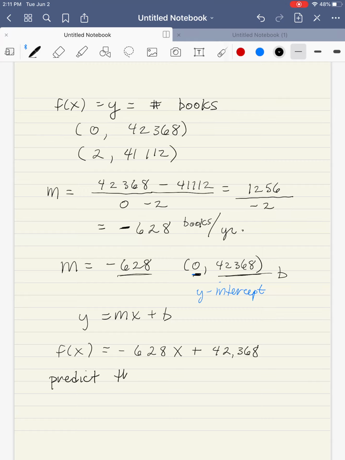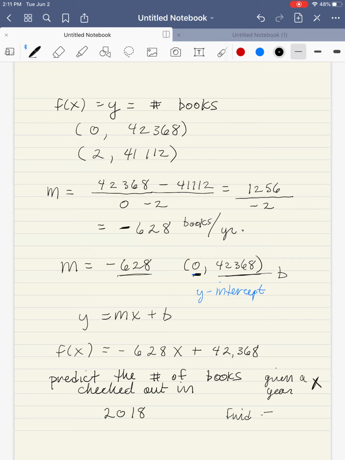Let's say I wanted to use this model to predict the number of books checked out in 2018. What this is saying is, given a year, given an x, find the number of books.